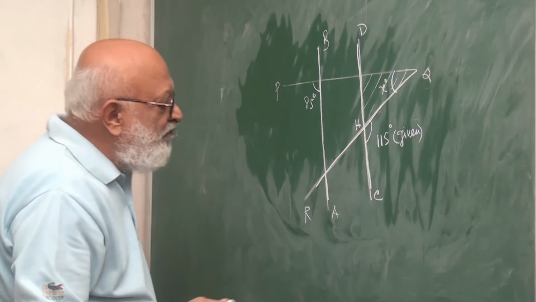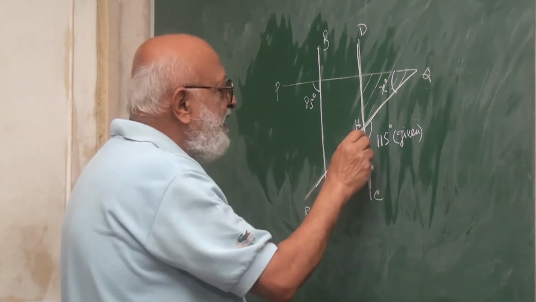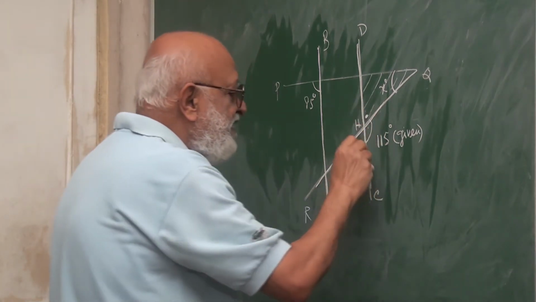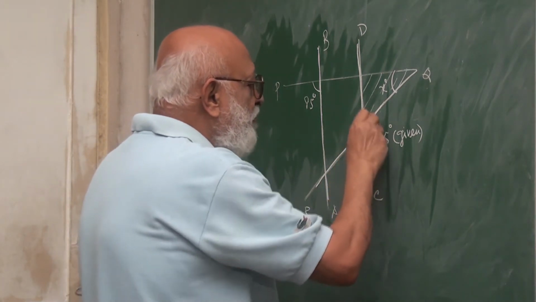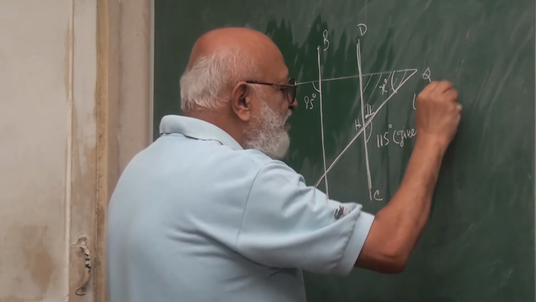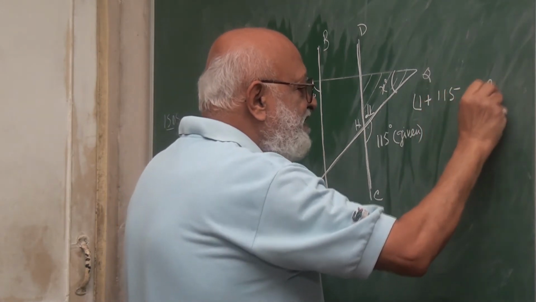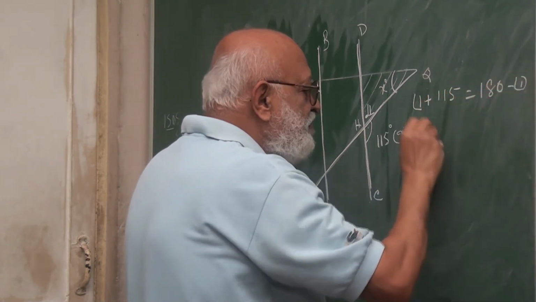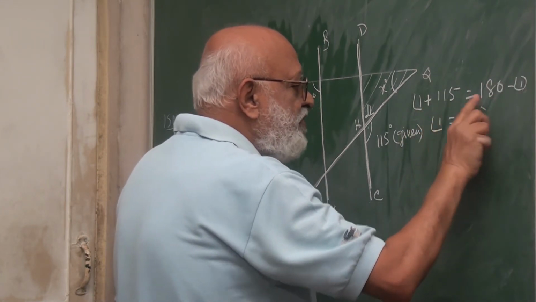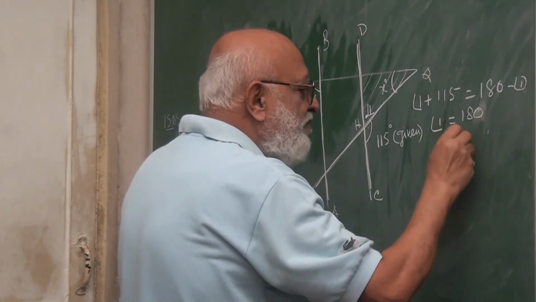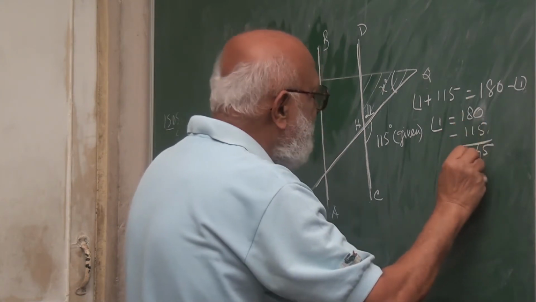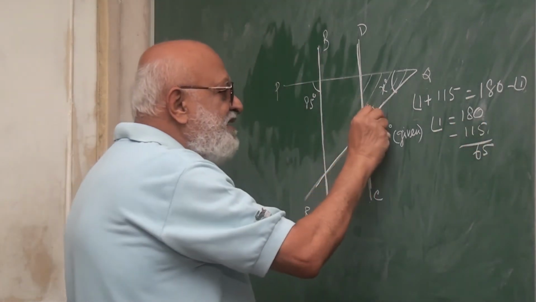The easiest way of doing it is take this angle as a linear pair. So let me call this angle as 1. Angle 1 plus 115 is equal to 180. So angle 1 is equal to 180 minus 115, that is 65. So this angle 1 is 65.